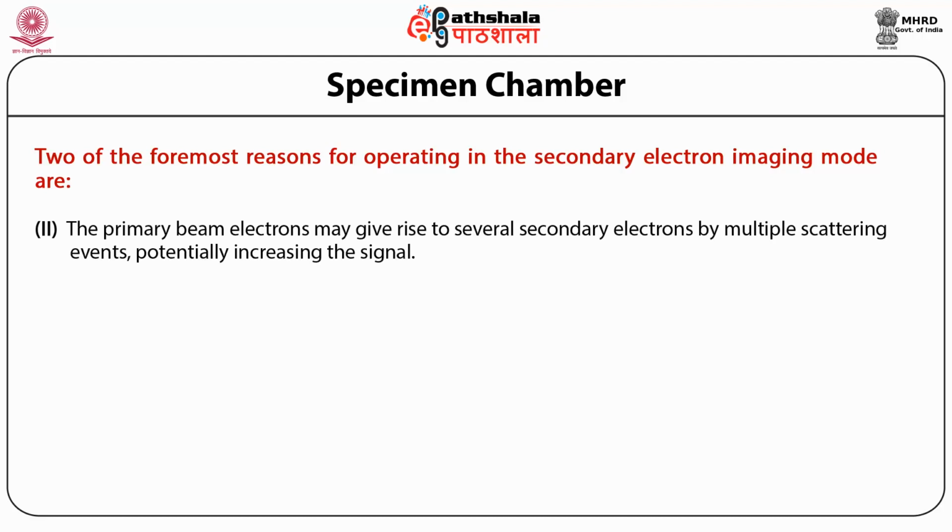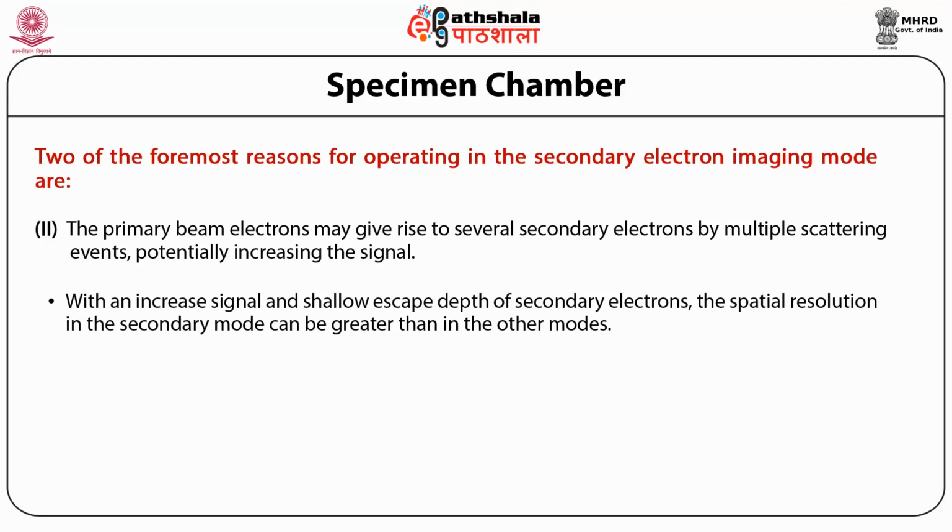Second, the primary beam electrons may give rise to several secondary electrons by multiple scattering events, potentially increasing the signal. With an increased signal and shallow escape depth of secondary electrons, the spatial resolution in the secondary mode can be greater than in the other modes.